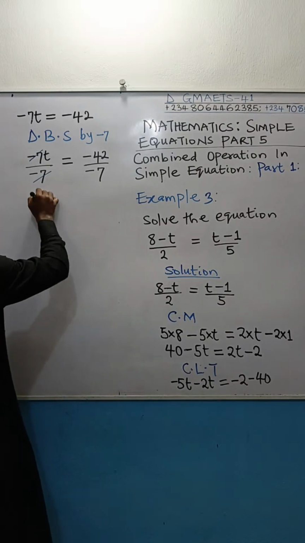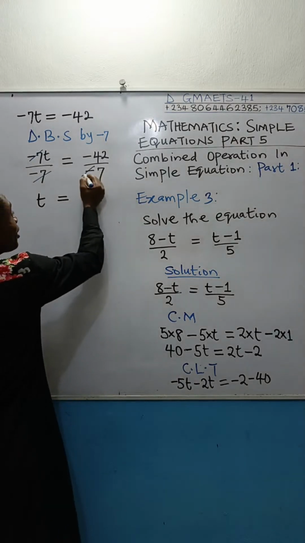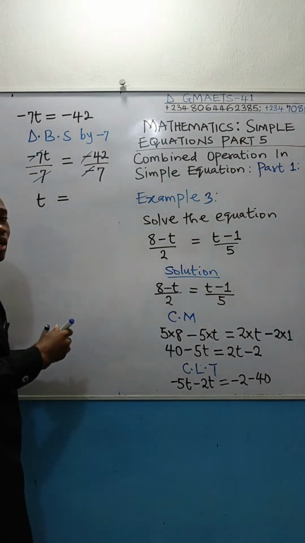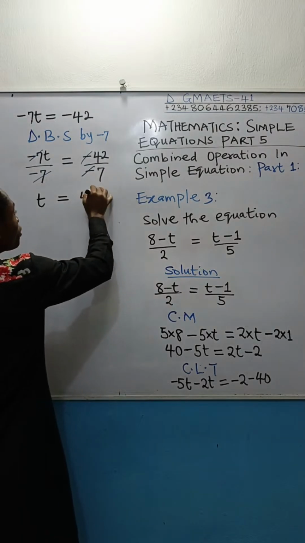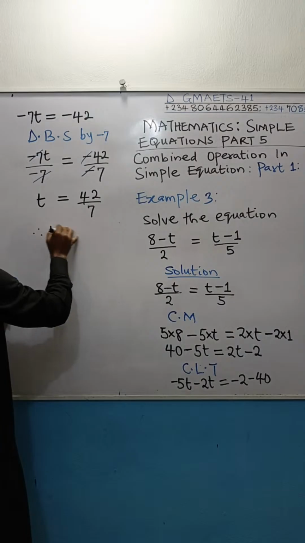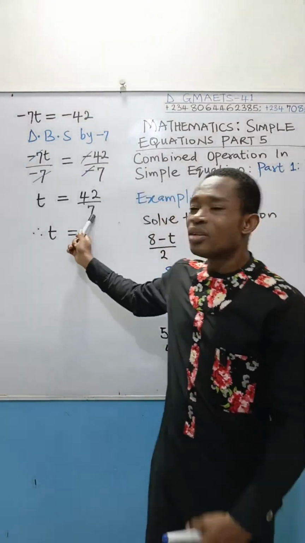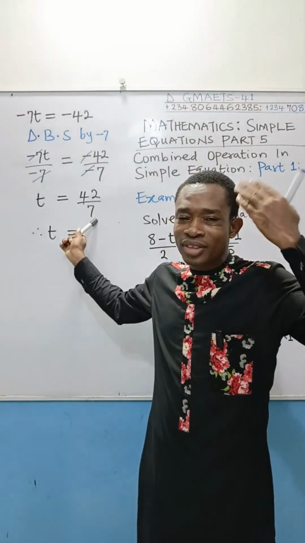And then what you now have is t equal to, go to that right hand side. This minus will divide this minus. It will cancel out. It will become plus. So you now have 42 over 7. We can now conclude, therefore, t is equal to 42 divided by 7. Then move on straight to 7 times table.